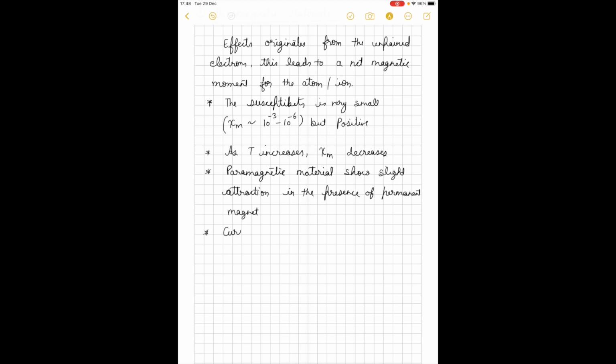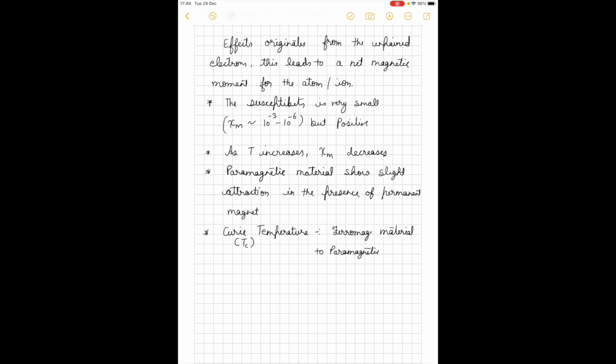So at Curie temperature, you go from ferromagnetic material to paramagnetic material. And here the Curie temperature is again Tc. Okay, all right.